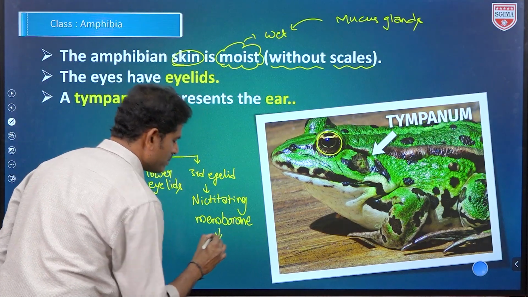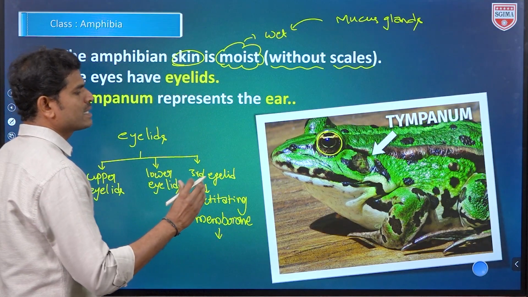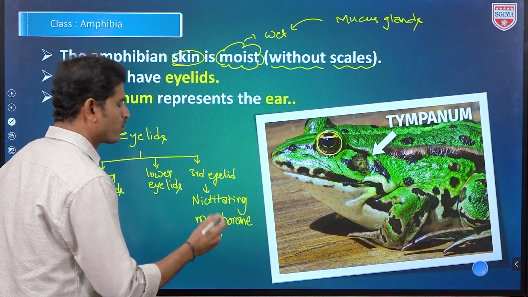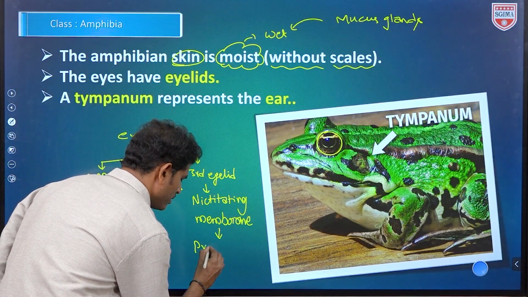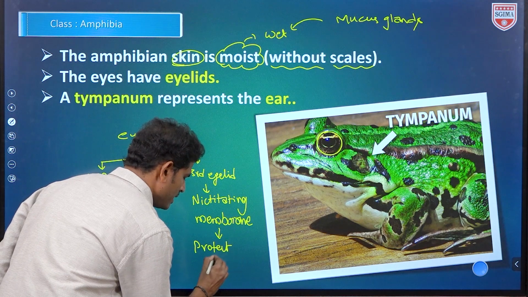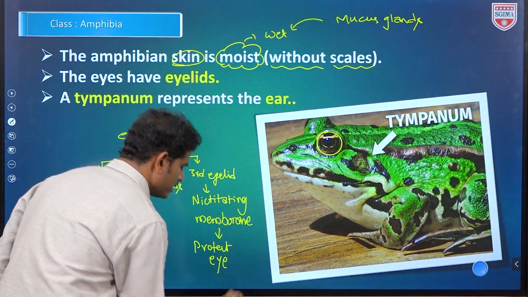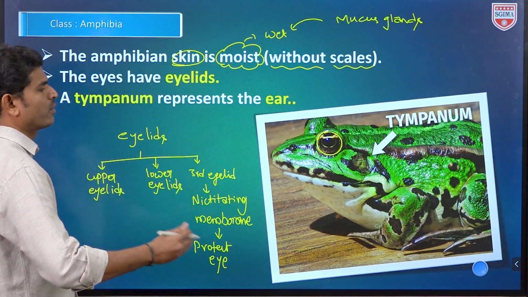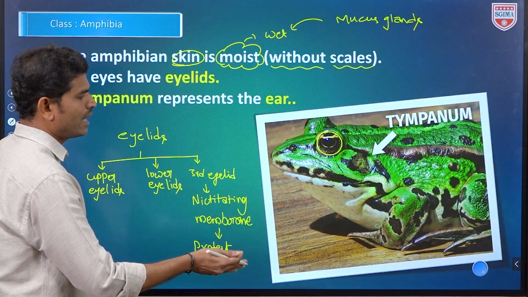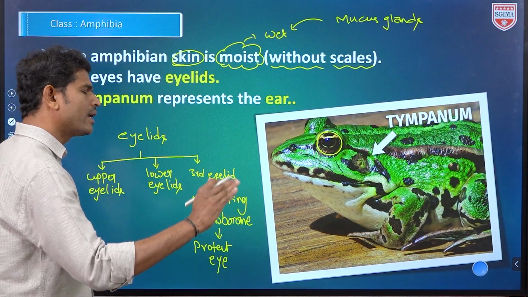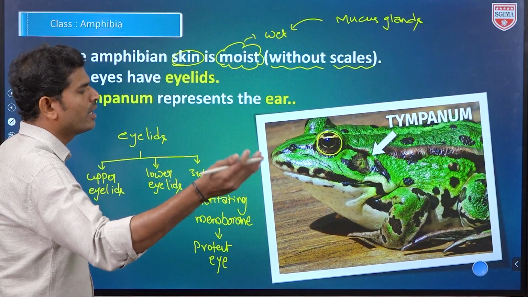What is the use of this nictitating membrane? It is a mucous membrane-like structure which protects the eye from water, dust particles or any microorganisms. It covers the eye, and the organism can still see what is going on outside.